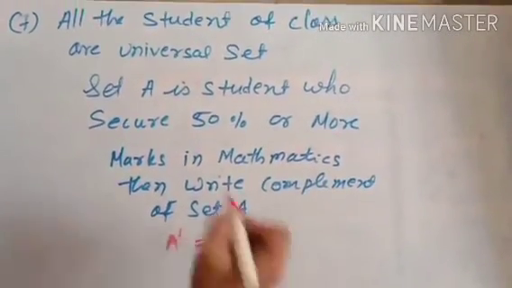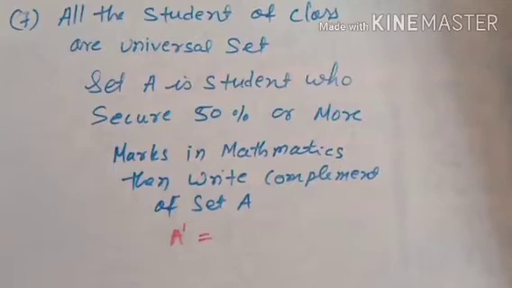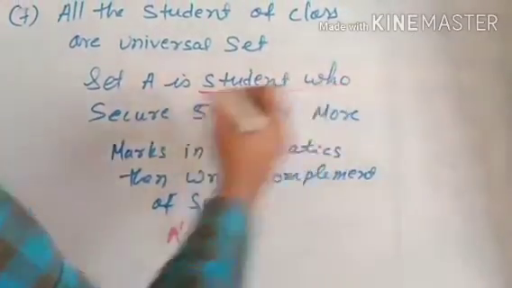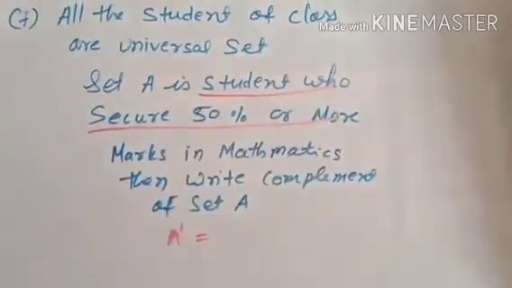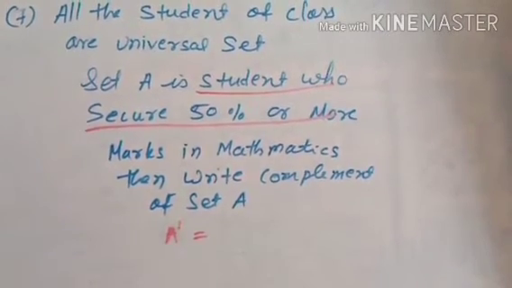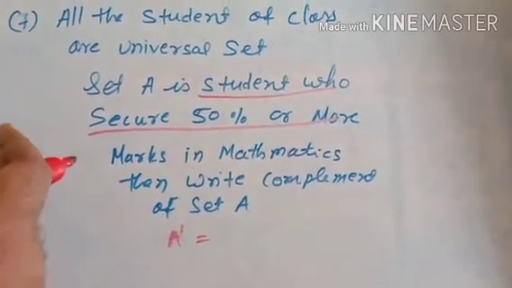A complement we should write. First we see what is set A. Set A is what? Students who secure 50% or more. Then A complement is the opposite of that.